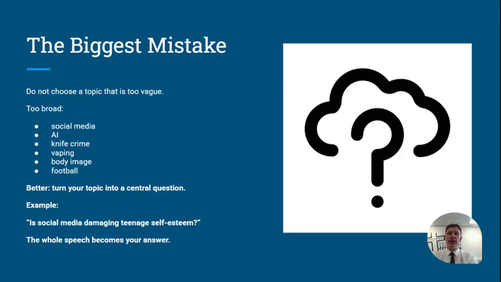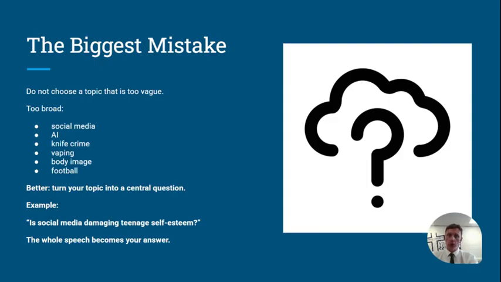And therefore, what you need is a central question. I'll give you some examples of this. A central question gives your speech focus. So instead of just thinking, all right, I'll do a speech on social media, you might ask, is social media damaging teenage self-esteem? Instead of just doing a speech on AI in general, you might ask a question like, is AI helping students learn, or is it actually stopping them from thinking for themselves?